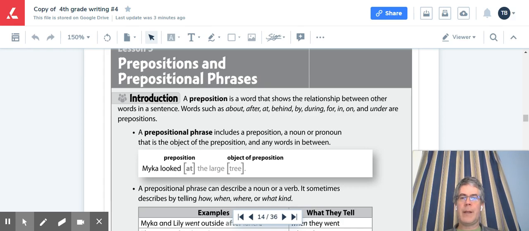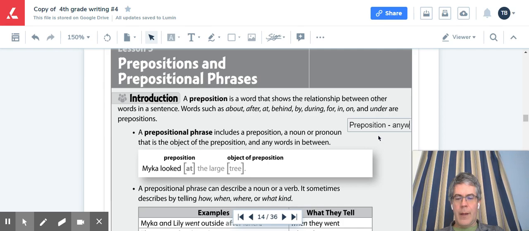In terms of the writing activity, we're discussing prepositions and prepositional phrases. A preposition is a word that shows a relationship between two things. A lot of times it's dealing with locations. The rule of thumb that a lot of people use for a preposition is anywhere a cat can go.